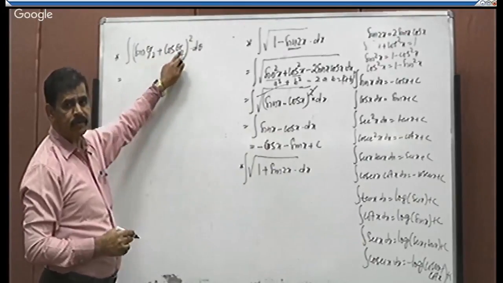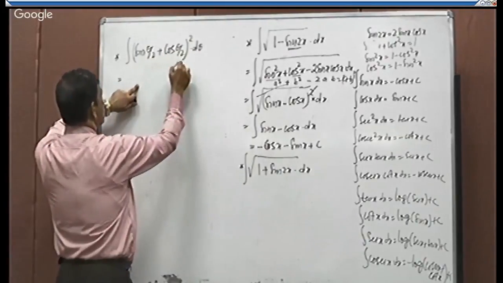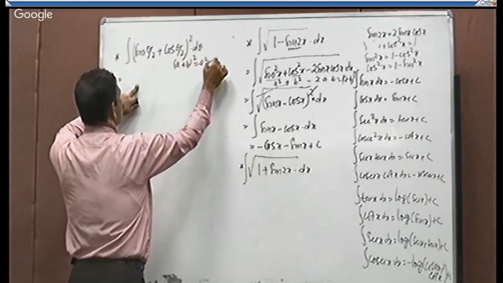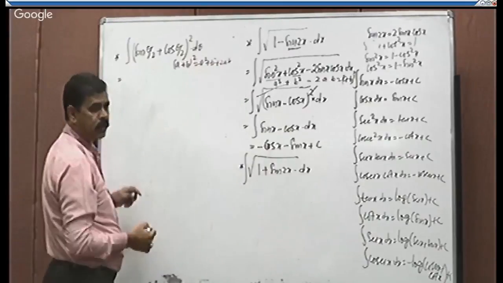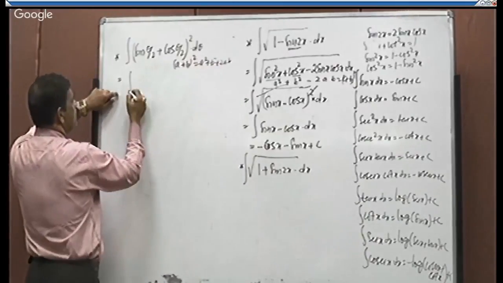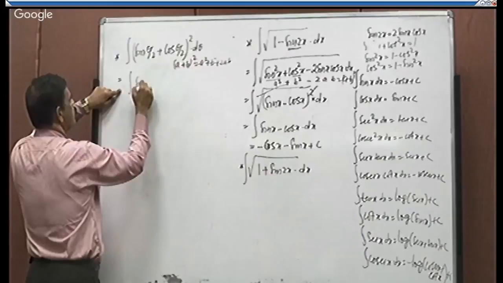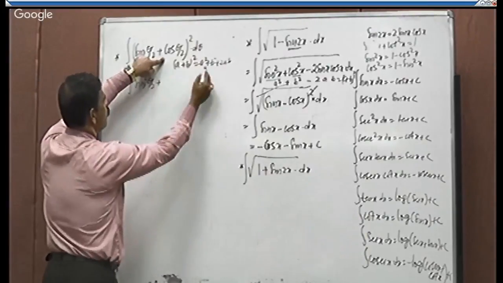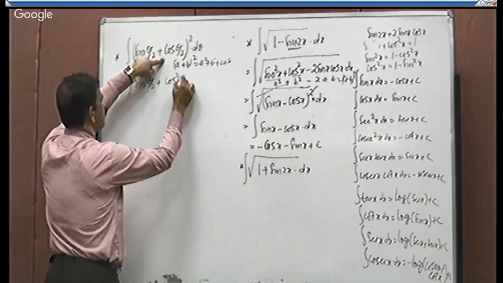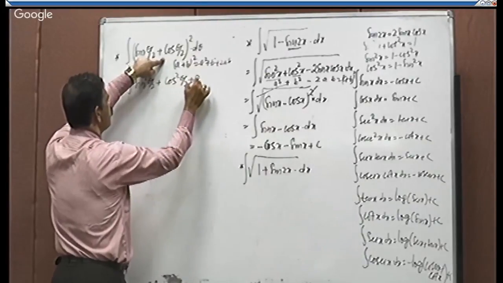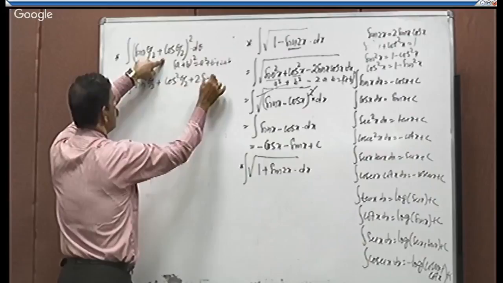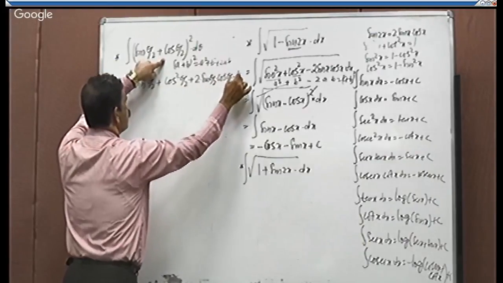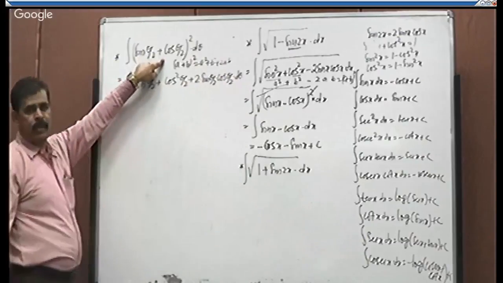Can you expand it according to a plus b whole square? A plus b whole square is equal to a square plus b square plus 2ab. According to that, it is sin square theta by 2 plus b square. B square is cos square theta by 2 plus 2 into sin theta by 2 into cos theta by 2 d theta.